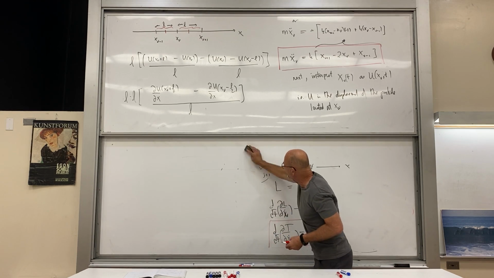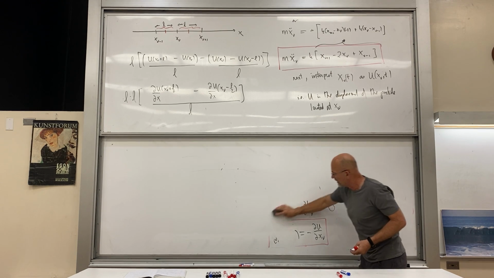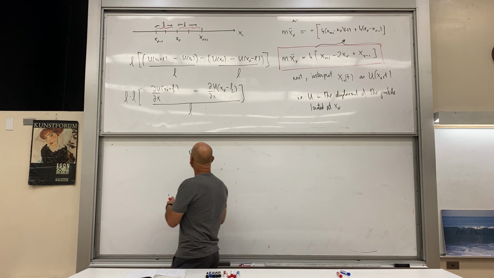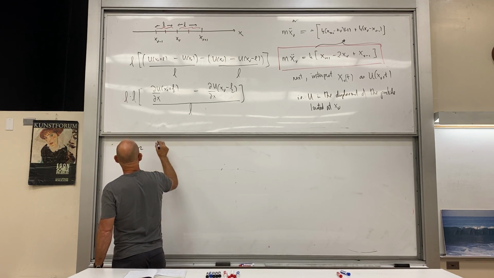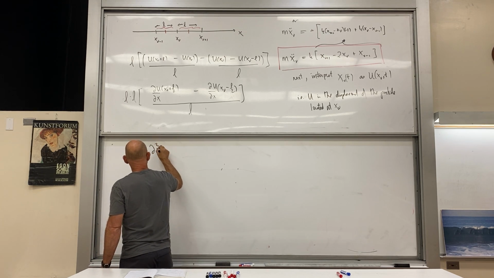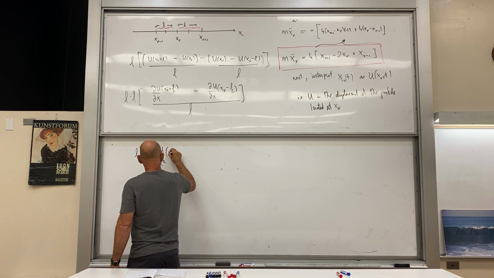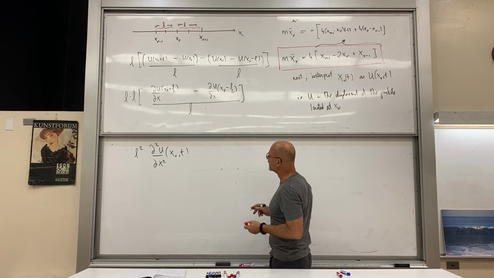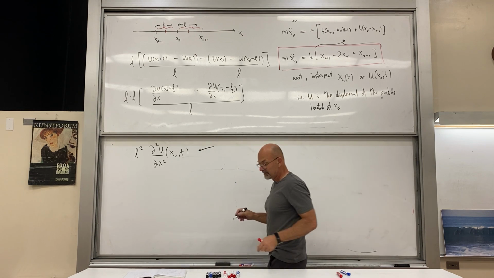Okay, so that expression in the red box up there is going to look like the following. So one final line here, what apparently we have is L squared d squared u dx squared, and this was x of nu and t, namely the location, right there on the x of nu. So that's what we have found.